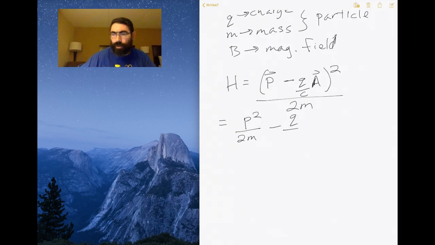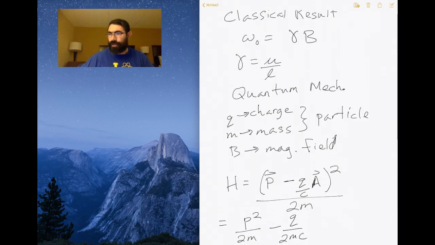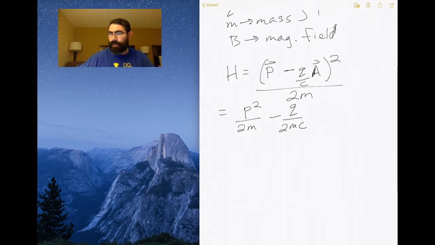minus Q over 2mc, which looks familiar. That'll be related to the gyromagnetic ratio times momentum dotted into the vector potential plus the vector potential dotted into the momentum.